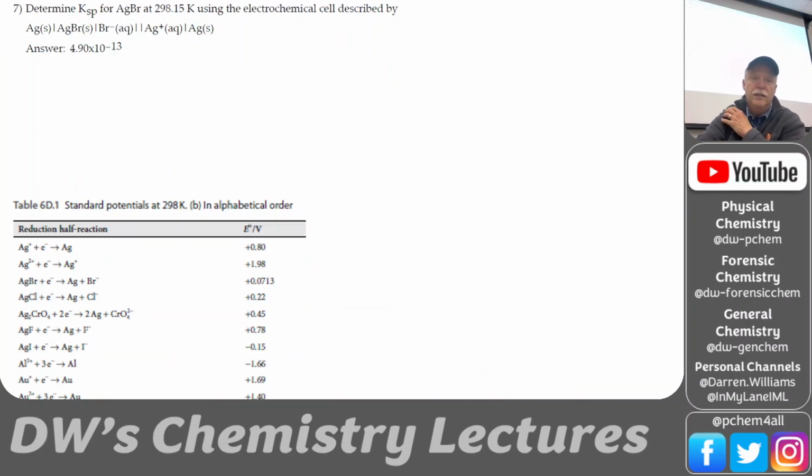So the way I would write this out is, okay, we've got an oxidation reaction and a reduction reaction. Let's draw the arrows first, and we'll remember OIL RIG.